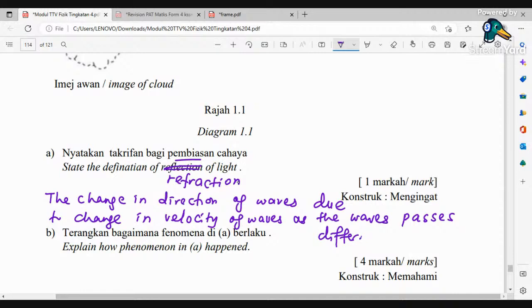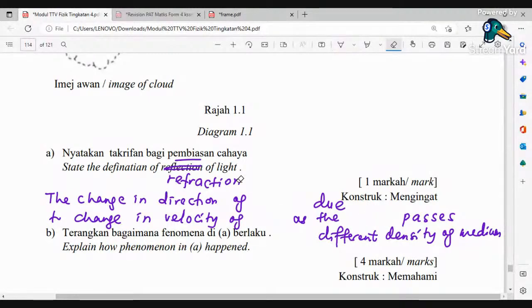Okay, dalam kes ni light, jadi you boleh guna light lah. Saya tukar kepada light. Ini general punya ya.